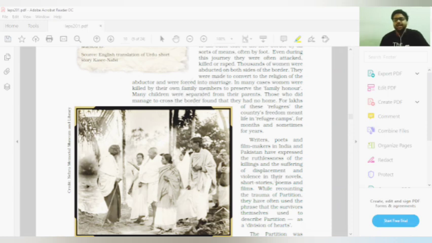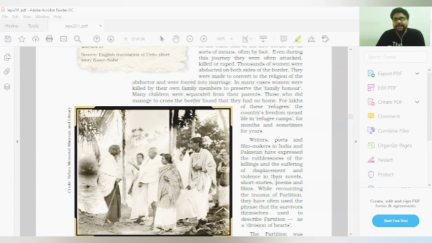Our leaders decided to somehow manage this. Mahatma Gandhi took a fast unto death. He went to the riot-torn places in West Bengal, and his fast unto death and his tour made it possible for West Bengal to come to a situation of peace.